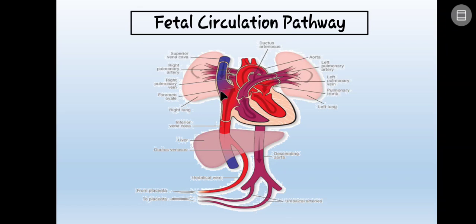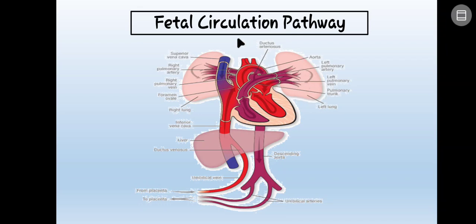In the normal adult circulation, the blood coming from the inferior vena cava and the superior vena cava would have entered the right ventricle and then gone through the pulmonary valve into the pulmonary artery before being sent to the lungs for oxygenation to take place. And that is the pulmonary circulation.